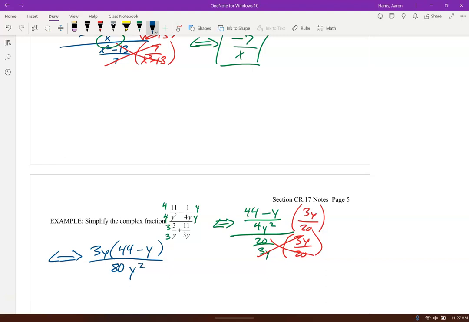Now notice I've got the y here on the top. I got 2 on the bottom, so it's going to leave me 1 left over. So this will just end up being 344 minus y all over 80y.